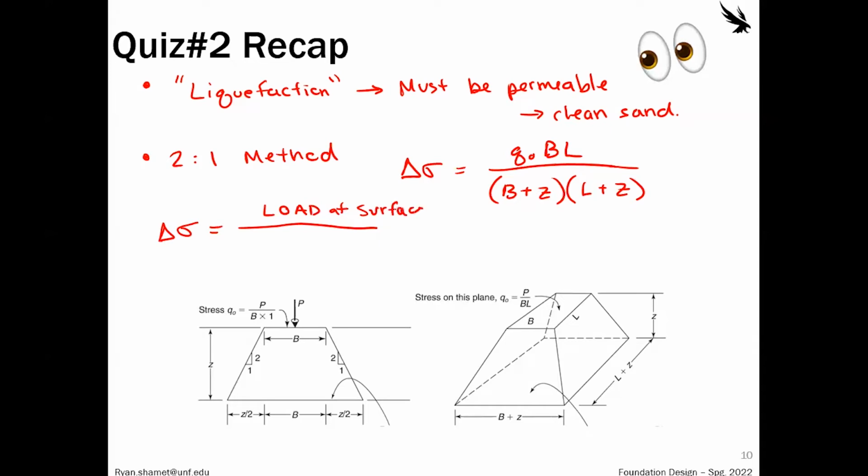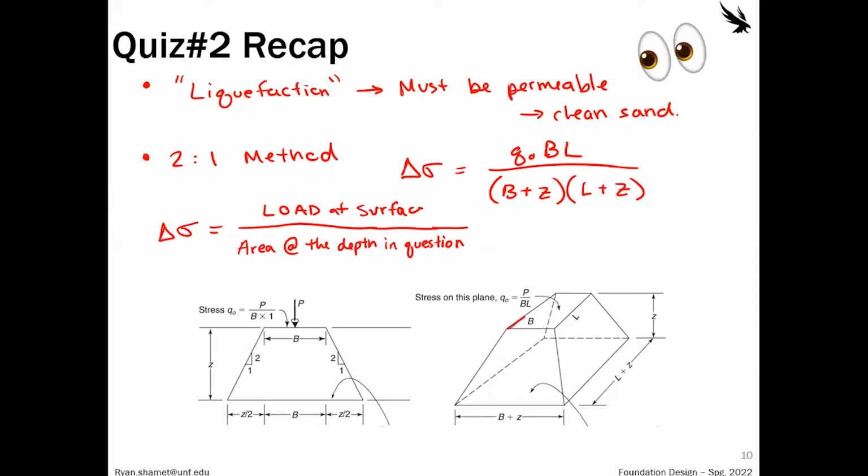So load as in the actual force, the pounds or kip or newtons, some type of load, not a stress, and it's dividing it by a hypothetical area at the depth in question. So that area is increasing on a slope of 2 to 1 as we go further down in depth.